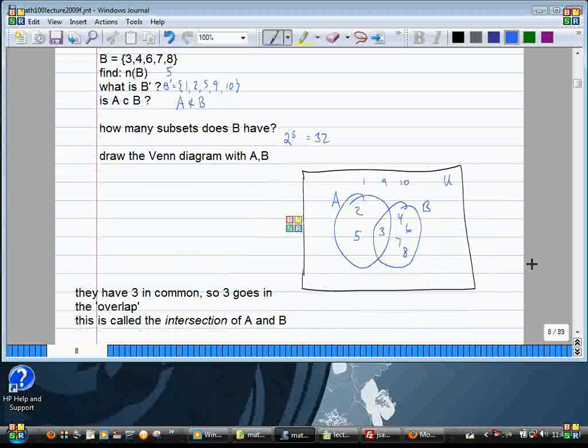We're going to look at intersections next time, along with other things like complements and unions and all that sort of stuff. This was just an introduction to basic Venn diagrams and how you represent them. Okay. Any questions? Okay.